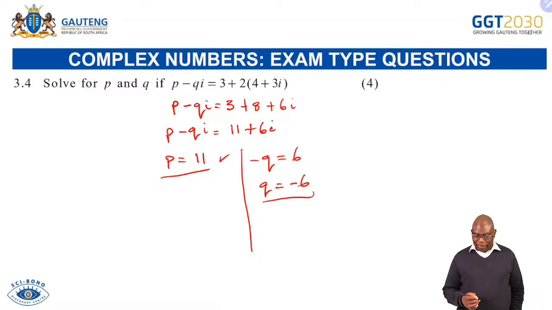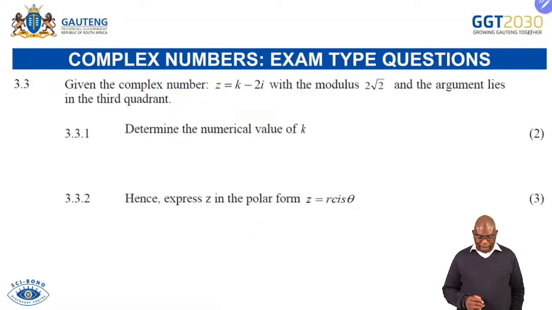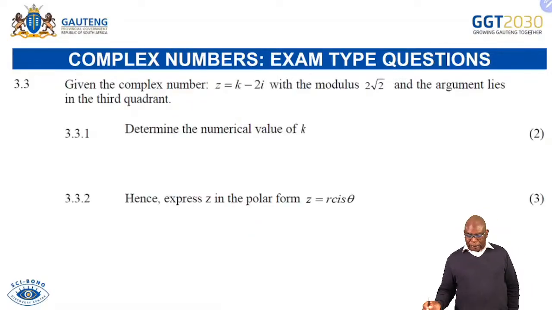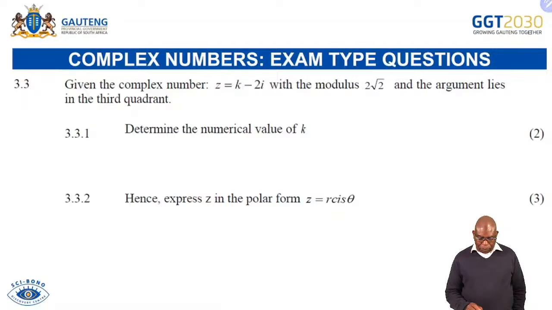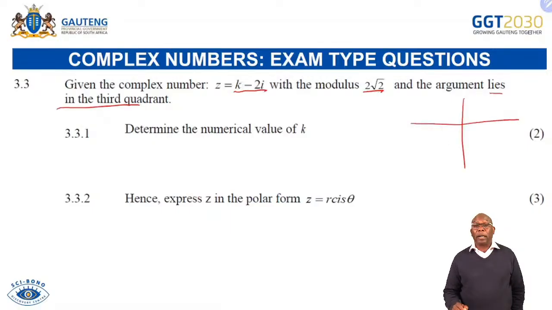All right. Now, here's another scenario here. The complex number is given, and the modulus is given. Now we need to find, and I'm told it's in the third quadrant, meaning that I can draw my Argand diagram. It's in the third quadrant.